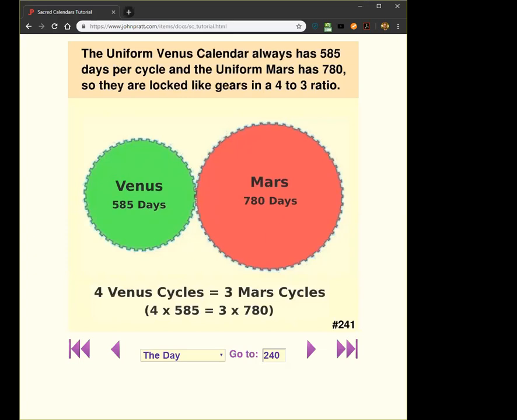So these two really are like gears that are at a ratio of 4:3. Again, to me, this is strong evidence of a creator, because all the planets, Venus is also exactly 5 sets of Mercury, exactly.